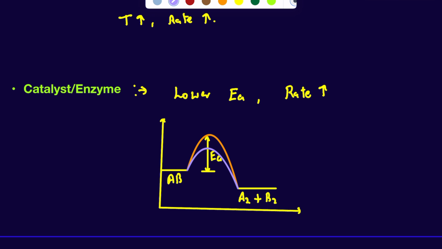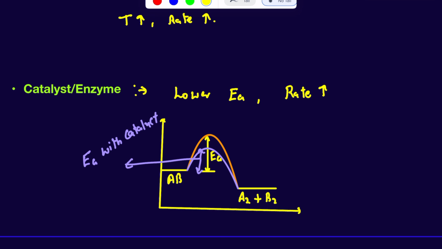So your starting material energy doesn't really change. That's another thing you want to keep in mind. The position of the reactants and the position of the products do not change, but what it does is decrease the amount of high energy that you have to go up in order to convert it to the products. So now you decrease this activation energy that you got here. So I can say this is the Ea with catalyst or enzyme.